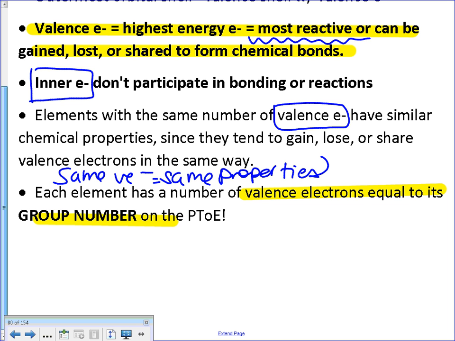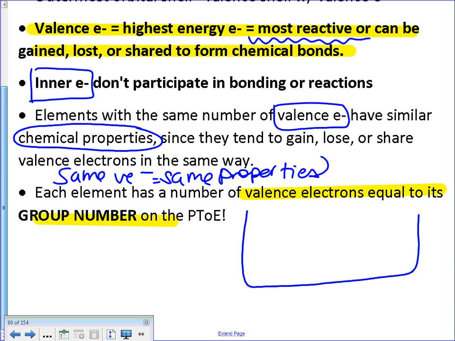So those valence electrons really do control the chemical properties, specifically chemical properties, not the physical properties. It's more about the chemical properties, about reactions, about reactivity. And then the group number on the periodic table, this is how you can tell the valence number very quickly on your little towers. Okay, this is group 1A.